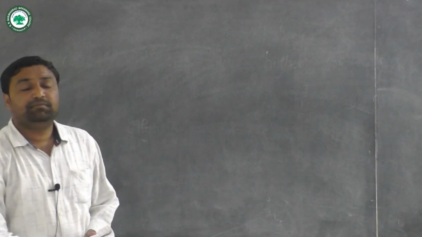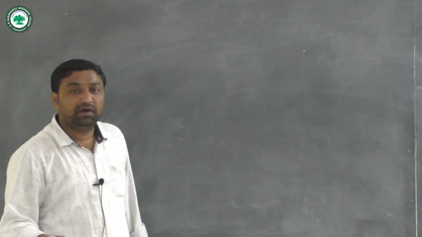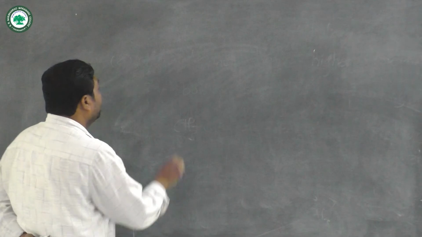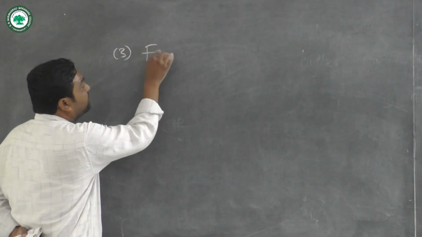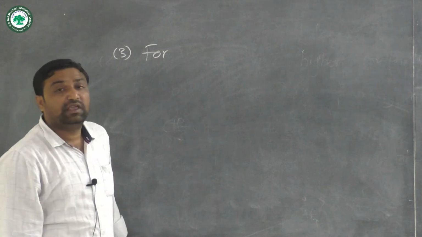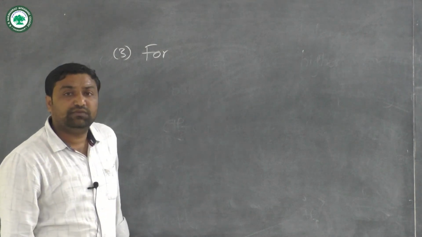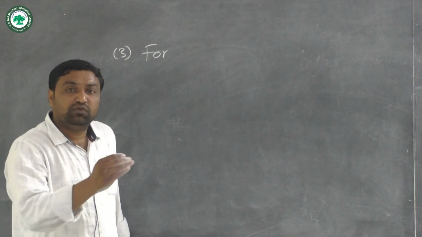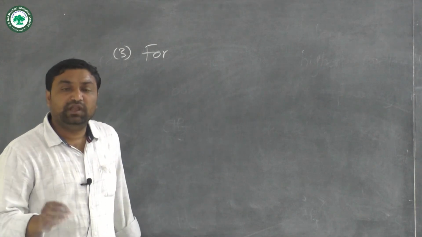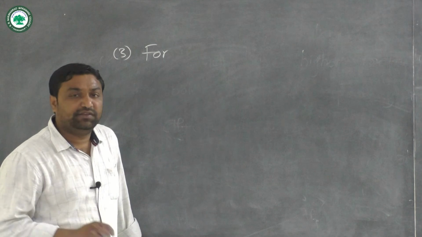The third physical property of alkyl halides is that for a given alkyl group, if we change the halogen atom from fluorine to iodine, the boiling point also increases.